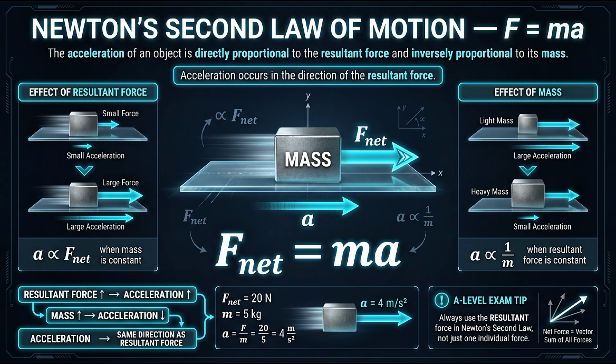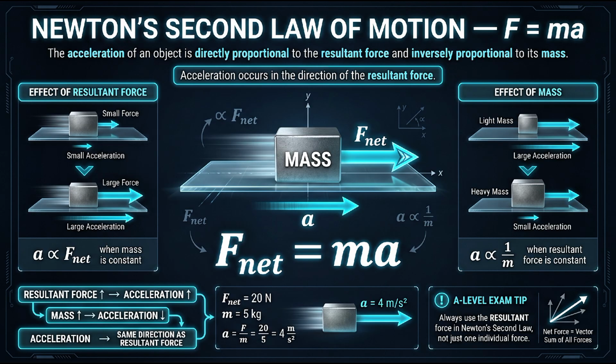The image demonstrates what happens when the resultant force changes while the mass remains constant. If a small resultant force acts on an object, it produces a small acceleration. If the resultant force is increased while the mass remains unchanged, the acceleration also increases.